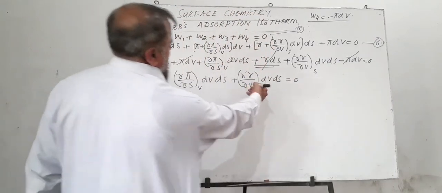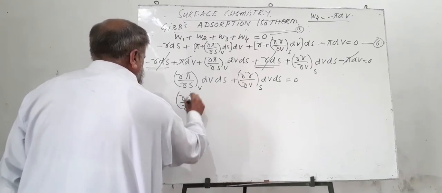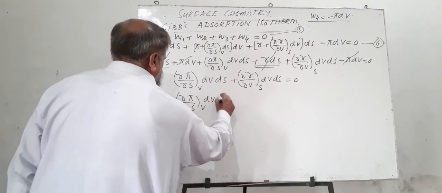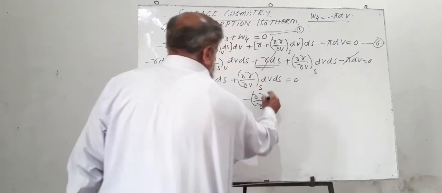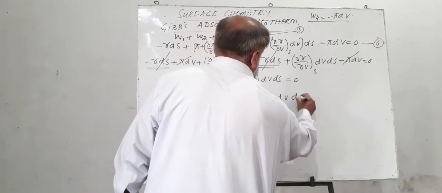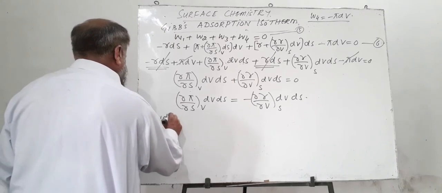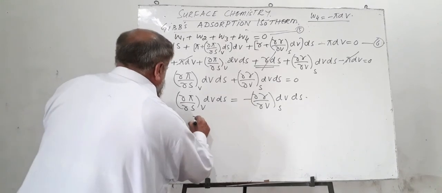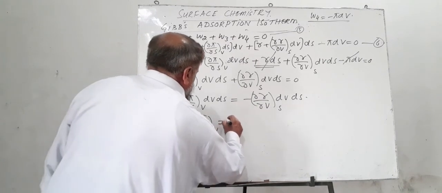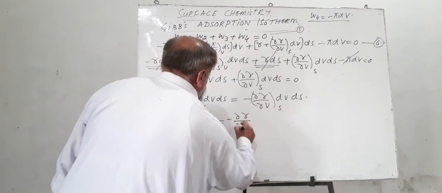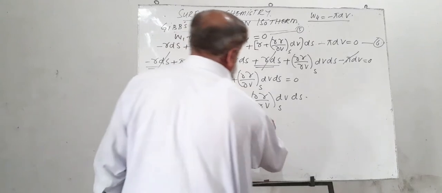We shift the second term to the right hand side and we get (∂π/∂S_V) dV dS is equal to minus (∂γ/∂V_S) dV dS. Dividing both sides by dV dS, we get ∂π/∂S_V is equal to minus ∂γ/∂V_S. Equation number 7.